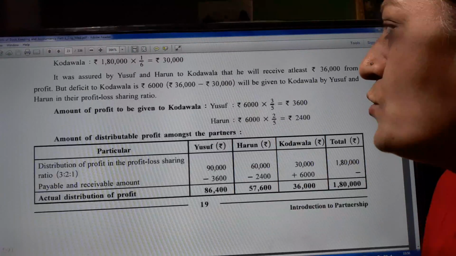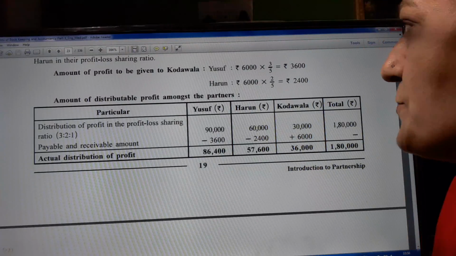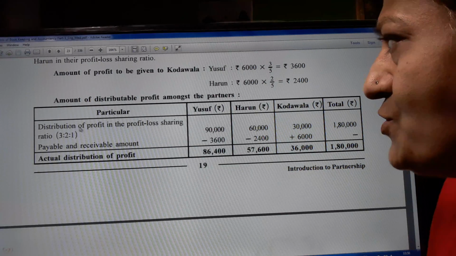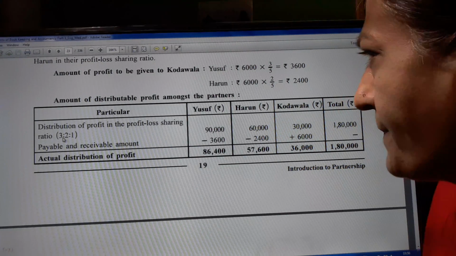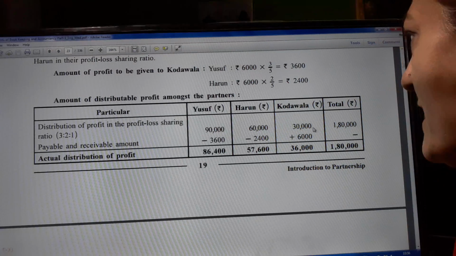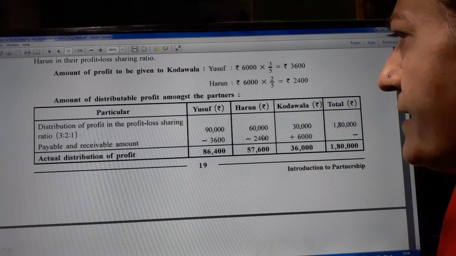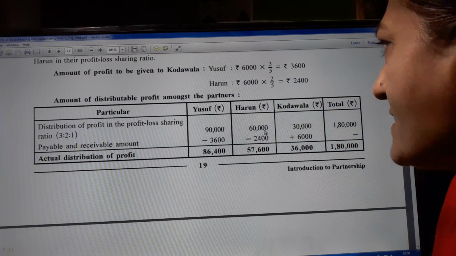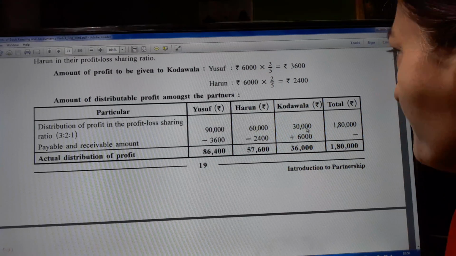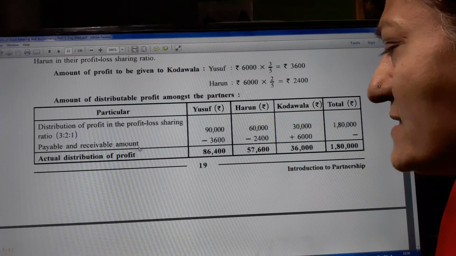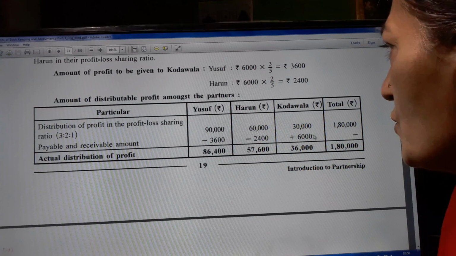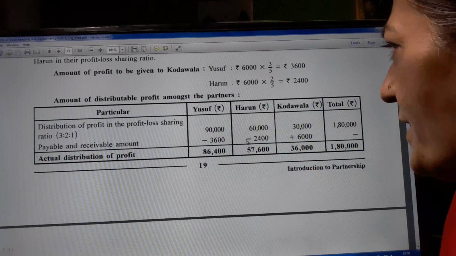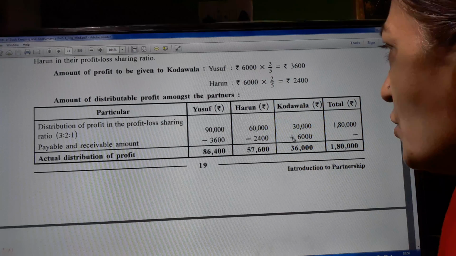Now, the amount of distributable profit among the partners. Distribution of profit in the profit and loss sharing ratio 3:2:1 is 90,000, 60,000 and 30,000. So for payable and receivable amounts, 3,600 is paid by Yusuf to Kodawala, and Harun paid 2,400 to Kodawala.